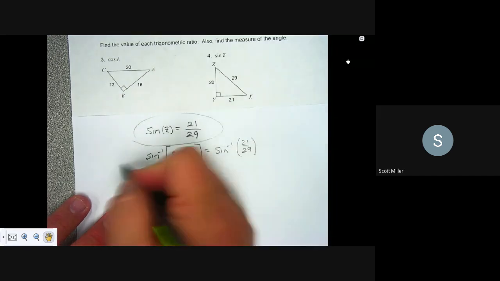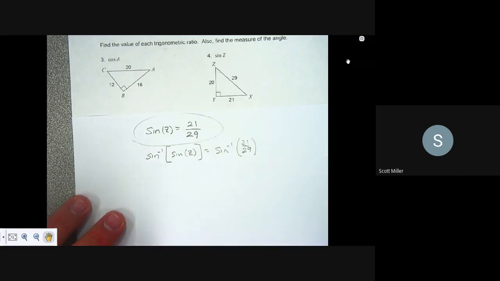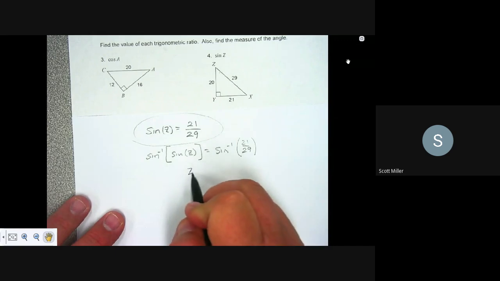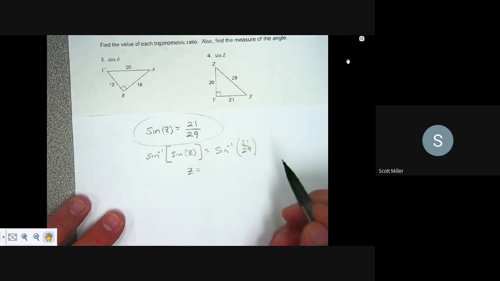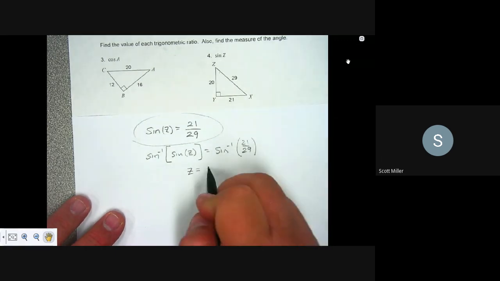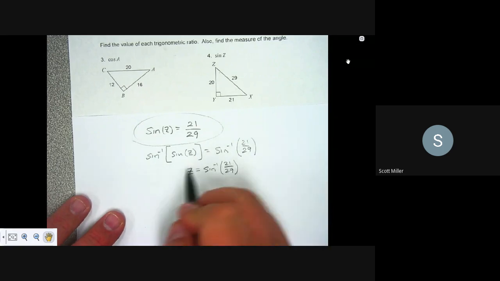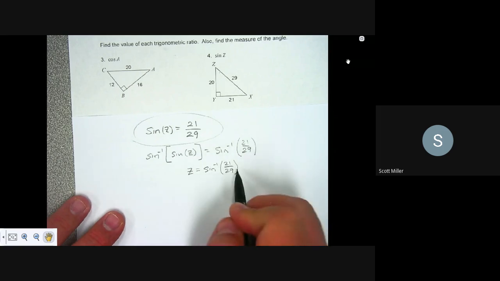I will need to see that line also. These two things undo each other, which gives me back just angle Z. And then I have this right here, the sine inverse of 21 over 29. I will be looking for that line right there for credit.